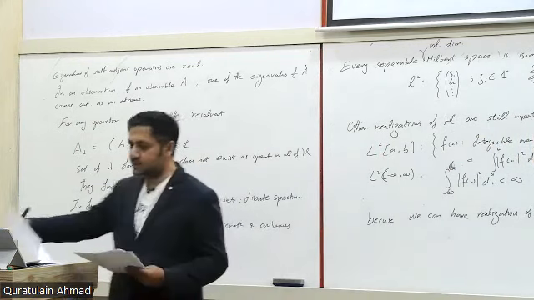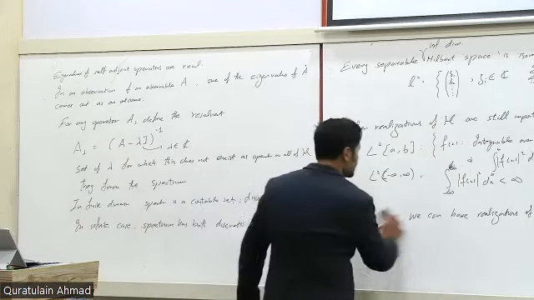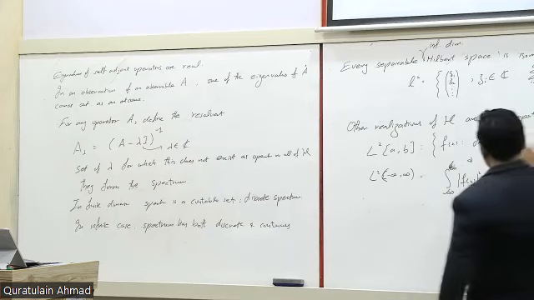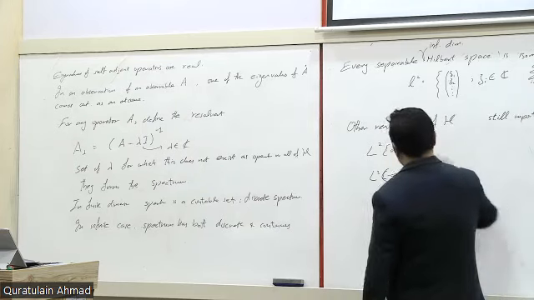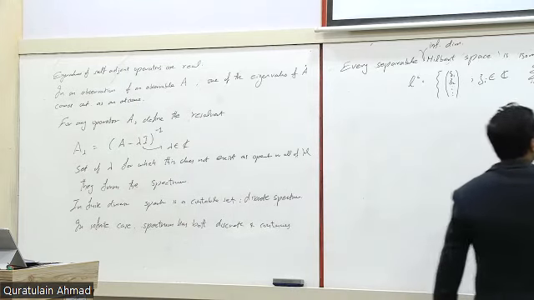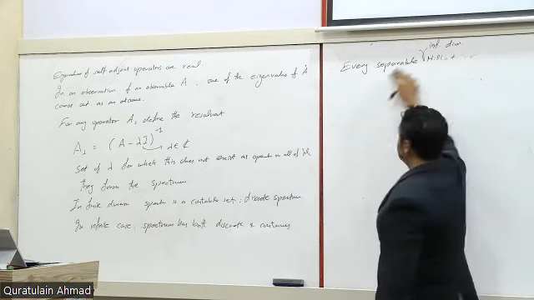Now there is this theorem, the general theorem, finite or infinite dimension doesn't matter. Eigenvalues may not exist, but the spectrum of a self-adjoint operator is real.